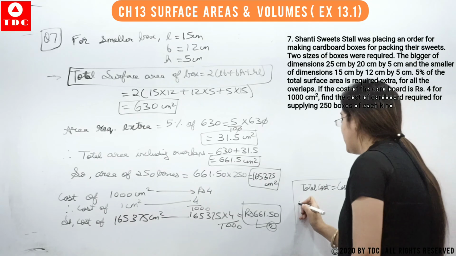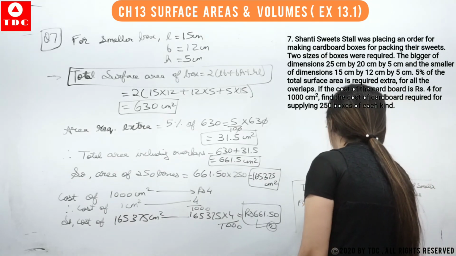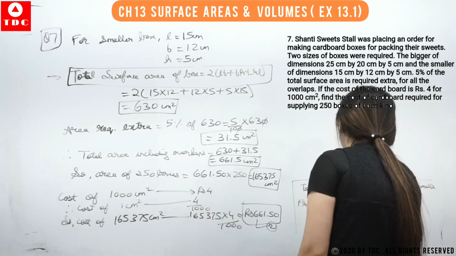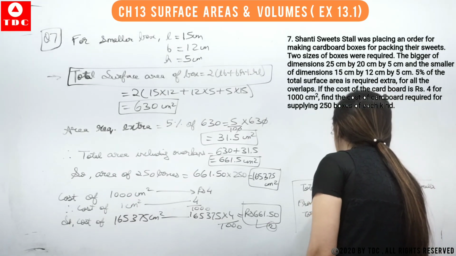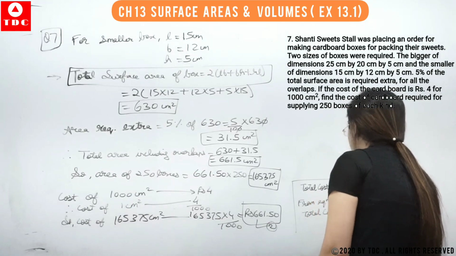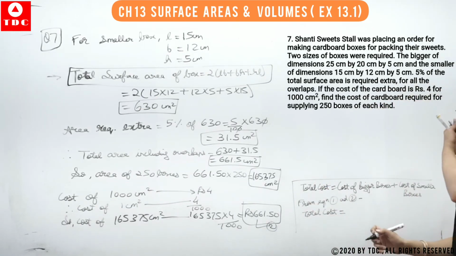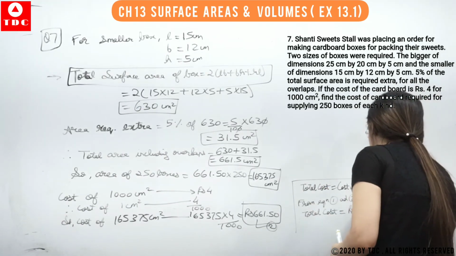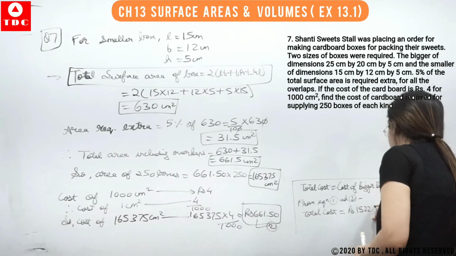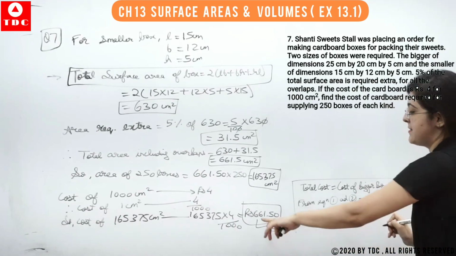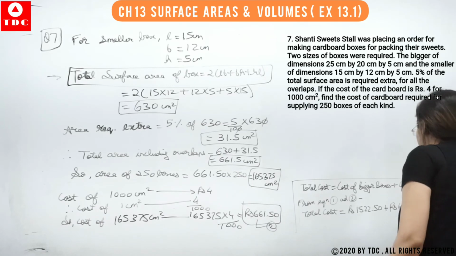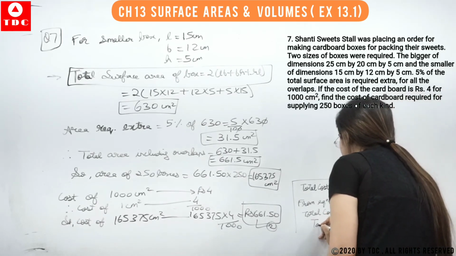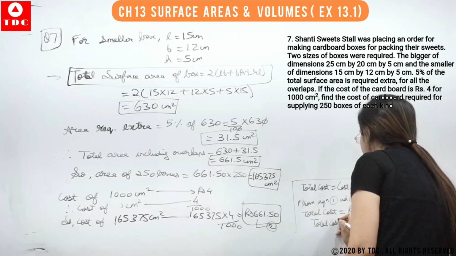Okay, so from equation 1 and 2, what will be the total cost? From equation 1 we saw that the cost was coming rupees 1522.50 plus here it is coming rupees 661.50. So add them, students, see what will you get.